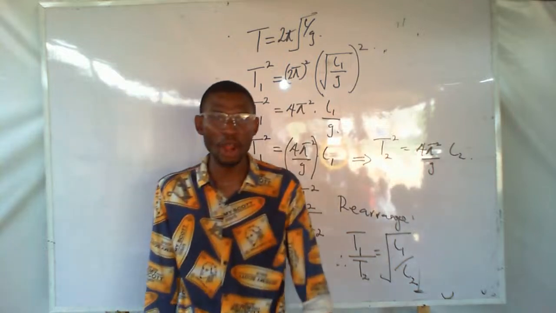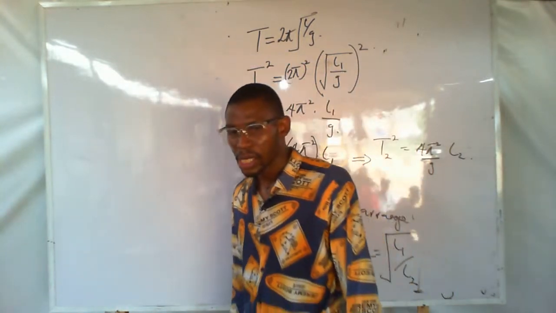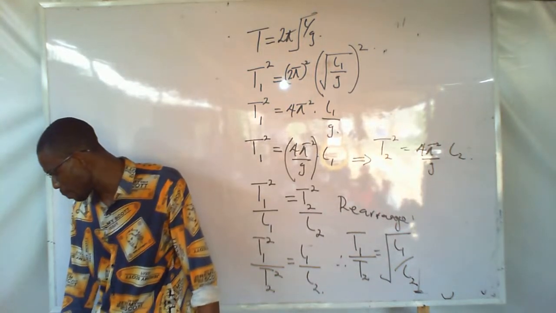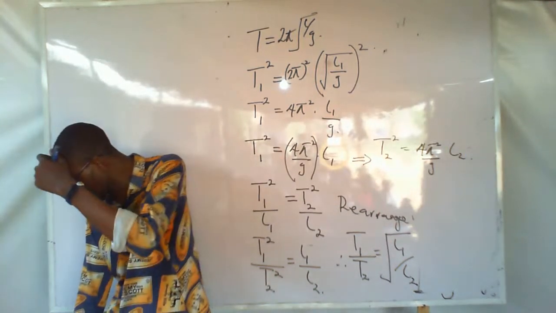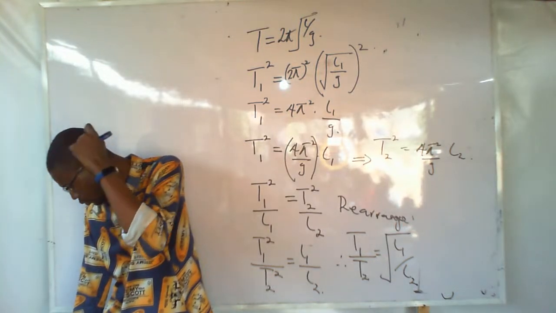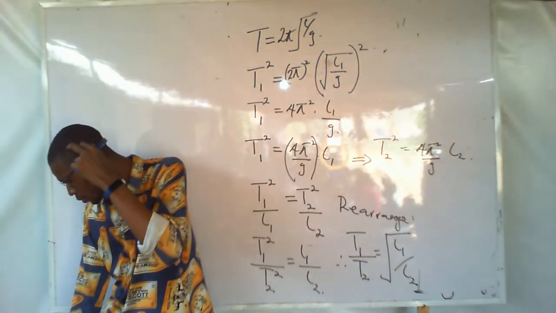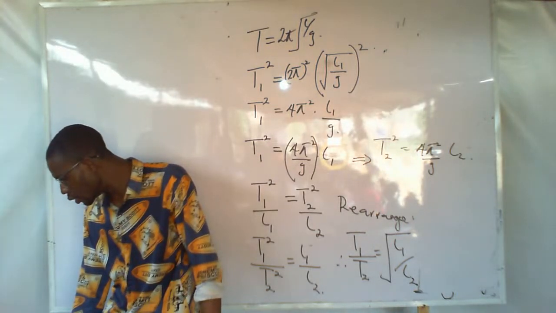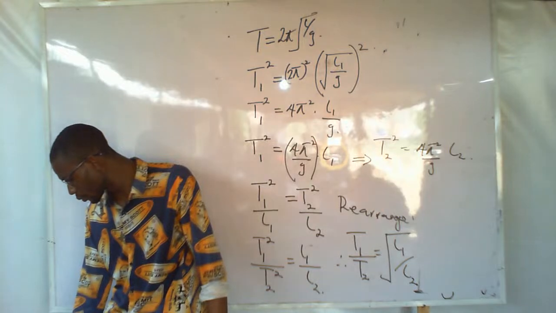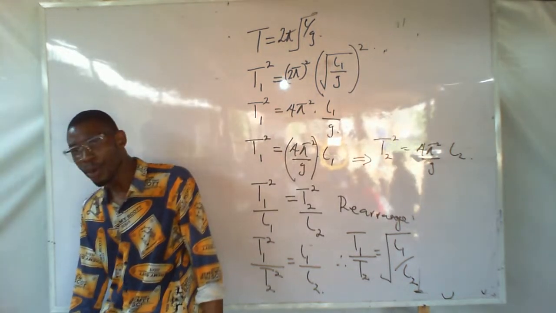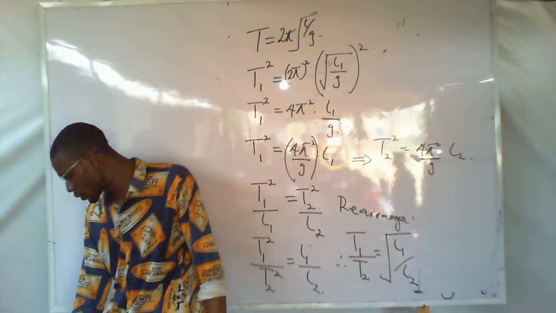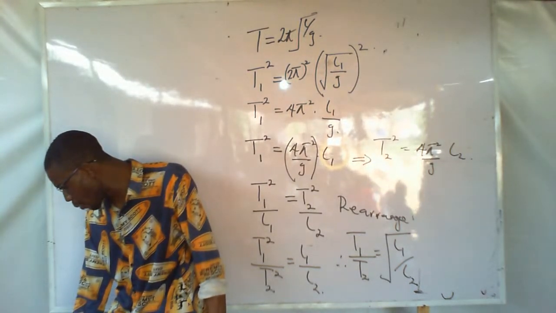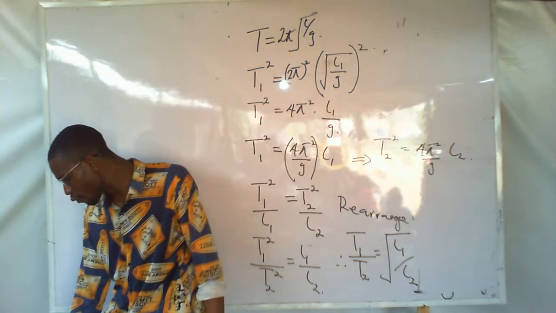A simple pendulum, 0.64 meter, has a period of 1.2 seconds.